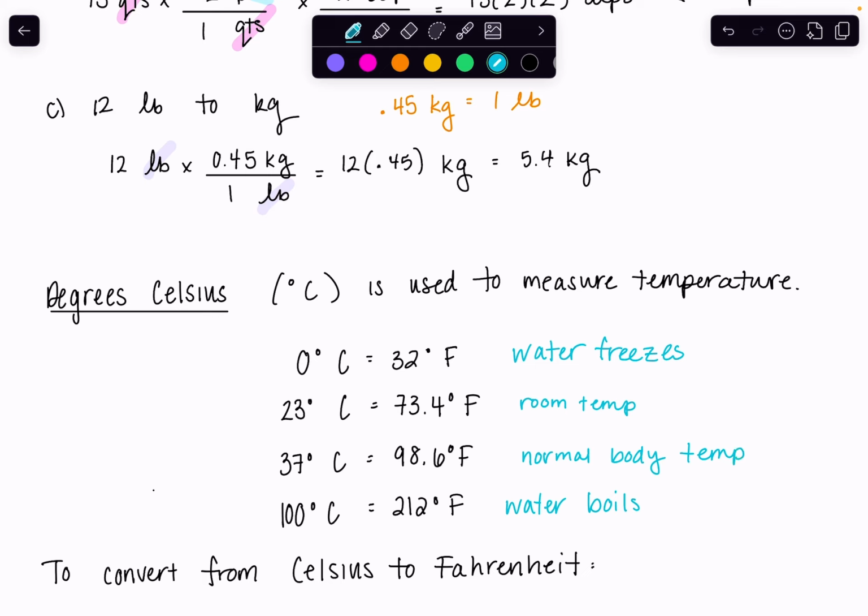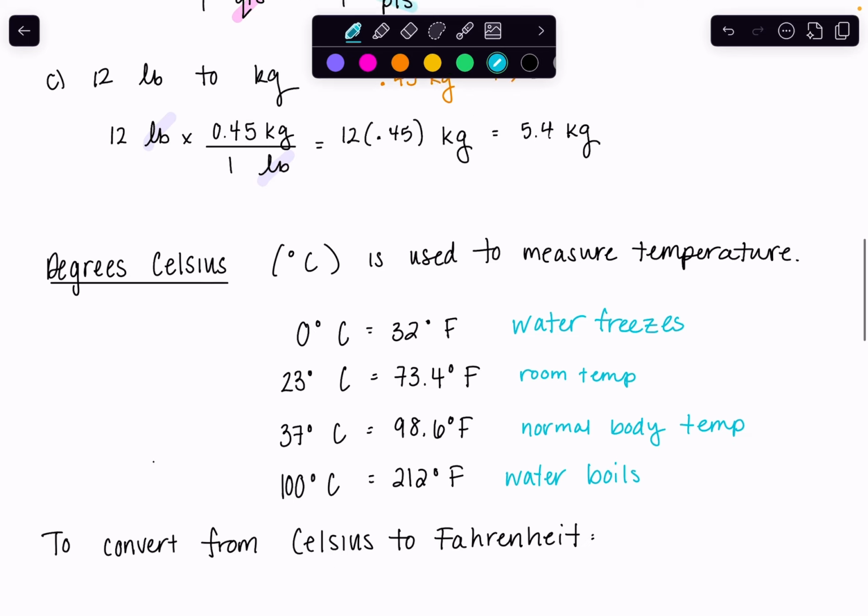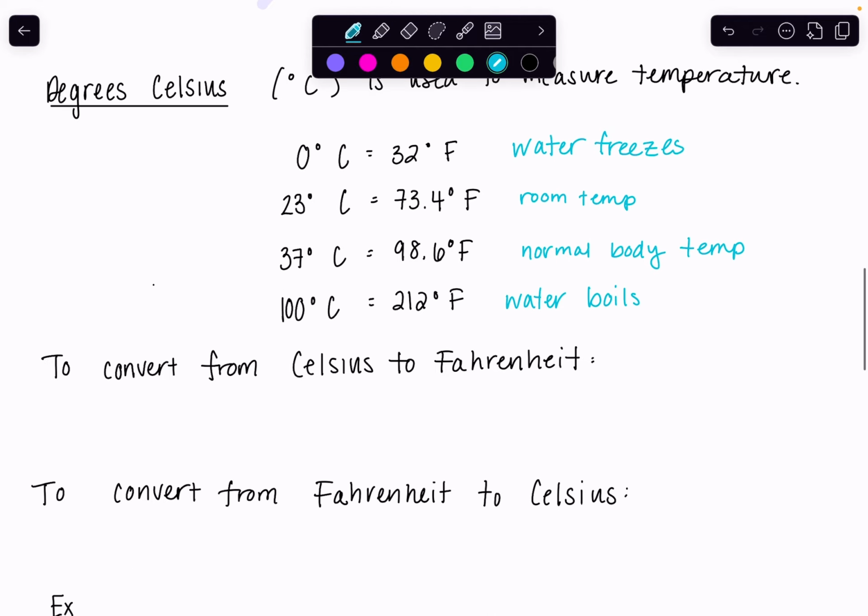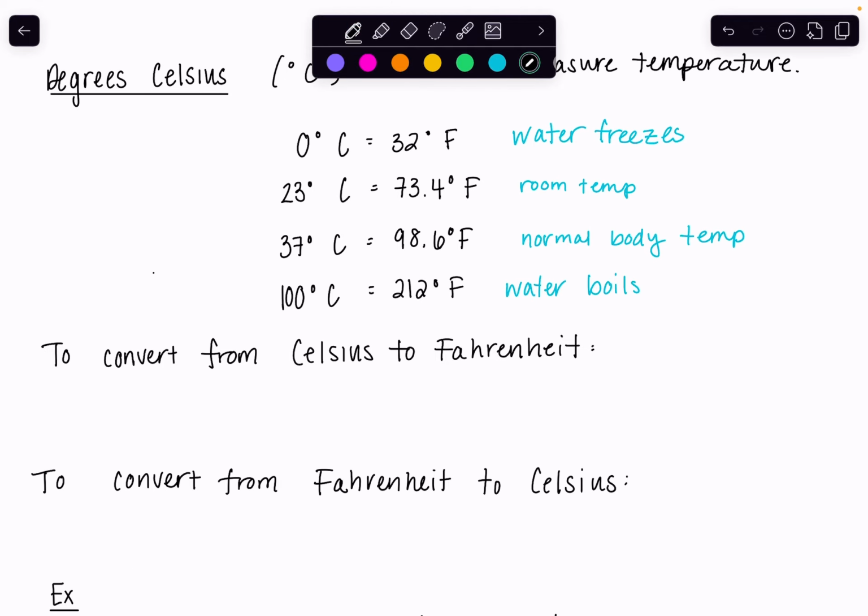So the conversions here aren't as straightforward. I don't have that 1 degree Celsius is exactly equivalent to this many degrees Fahrenheit. There's actually going to be 2 different formulas that you end up using. So if I want to go from Celsius to Fahrenheit, my degrees Fahrenheit is going to be 9/5 of the degrees Celsius plus 32.